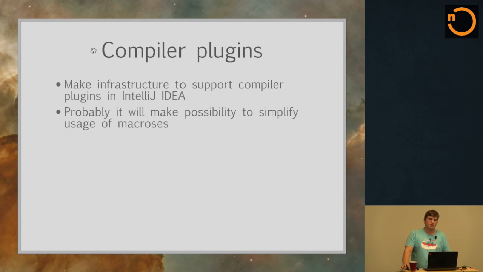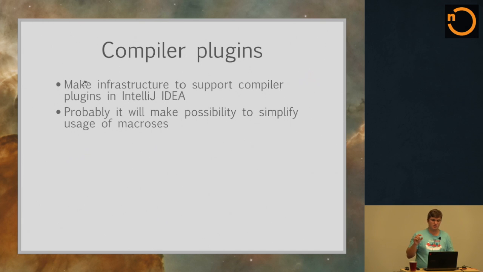We also want to do some infrastructure to support compiler plugins in IntelliJ IDEA, because currently compiler plugin writers must think about writing something like I showed you about inspections. I mean, writing an extension to the Scala plugin, but actually we want to implement something simpler for them.